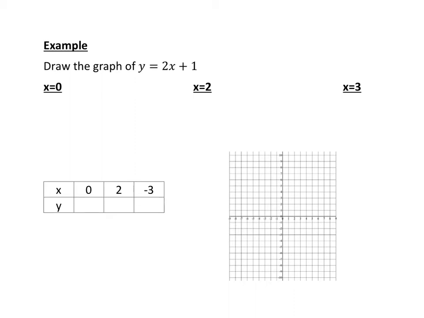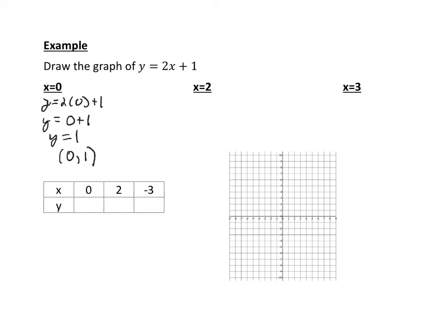So if x equals 0, y equals 2 times 0 plus 1, y equals 0 plus 1, so y equals 1. That's going to be a point on our line where x equals 0 and y equals 1.